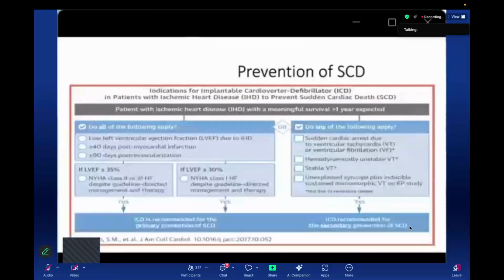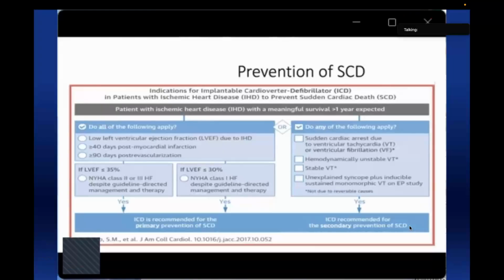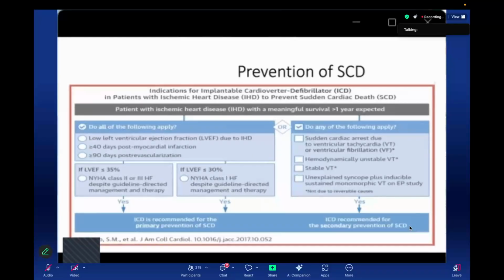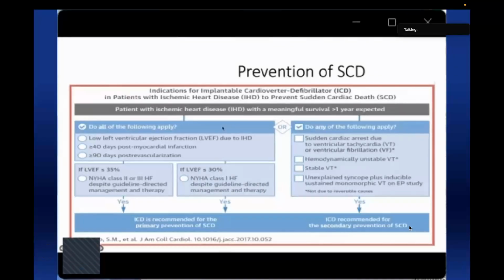If you have respiratory failure, liver failure, and renal failure, all of these patients should go to the ICU for intensive care monitoring. Okay, how about your ICD or your implantable cardioverter defibrillator in patients with ischemic heart disease to prevent sudden cardiac death? Patients with ischemic heart disease with a meaningful survival of 1 year expected, you go to this algorithm. If you want to have primary prevention of your sudden cardiac death, then you have to answer the following questions.